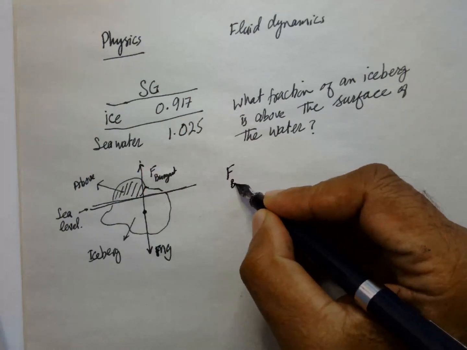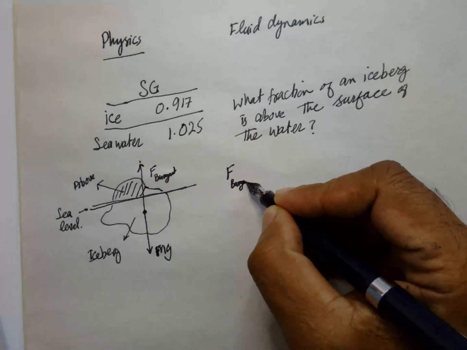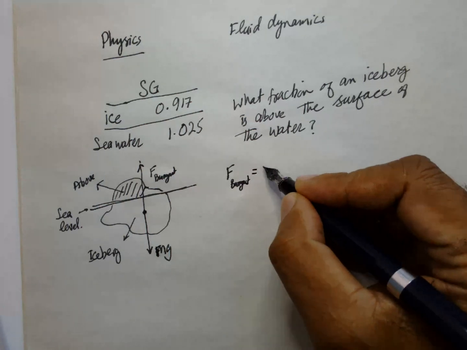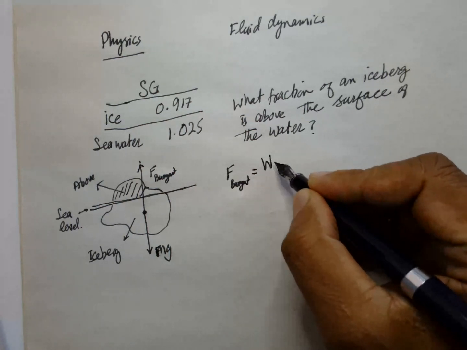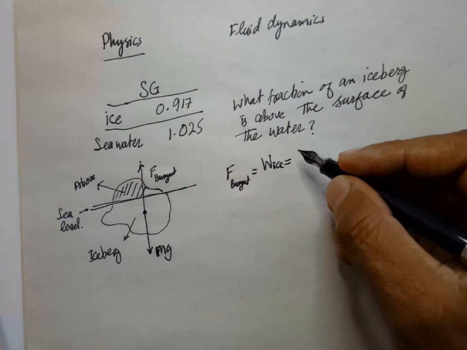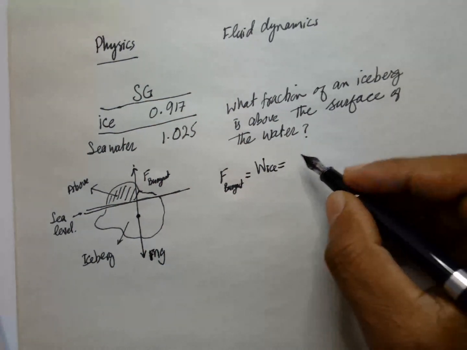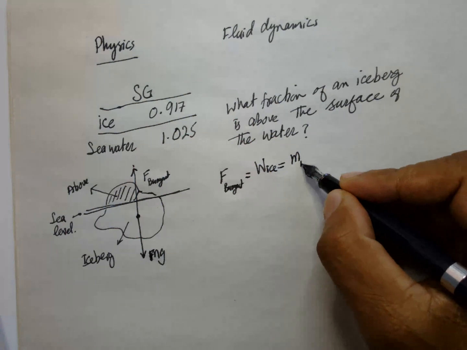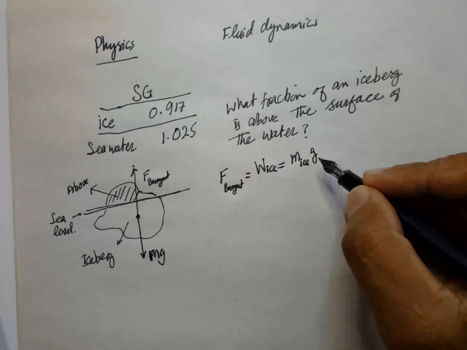Buoyancy is equal to the weight of the ice, which is equal to m ice into g.